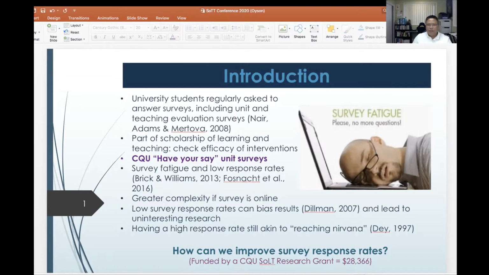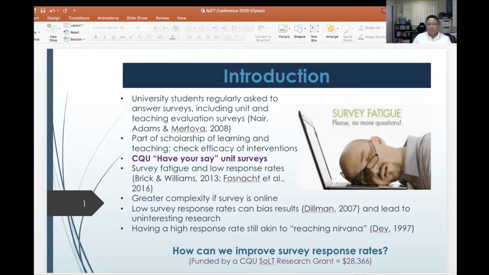So at some point, there appears to be a survey fatigue. There are just too many surveys that bombard students and respondents, so they no longer desire to answer surveys. As a result, there is often a very low response rate to surveys.